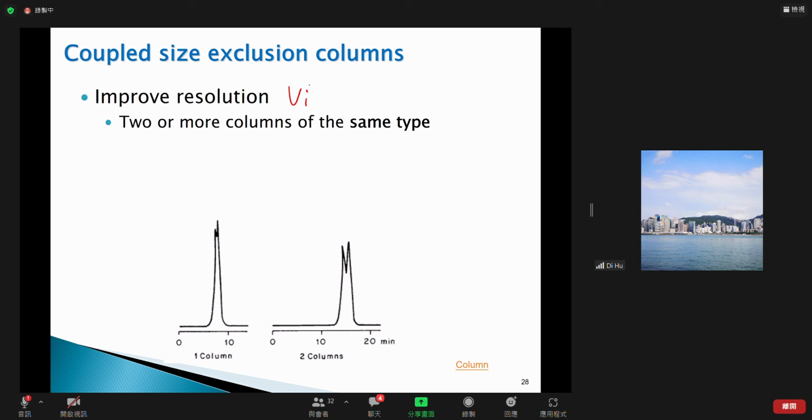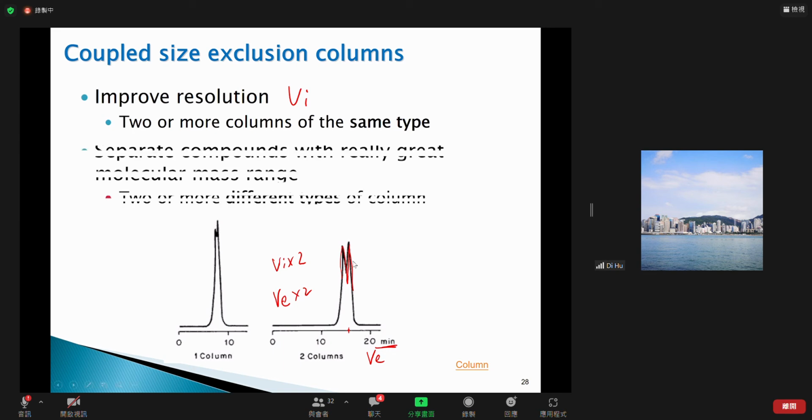You can see here, if you have two columns together, you get the VE doubled, the elution volume, so of course the elution volume could be doubled. So you can see here, now it's less than 10, now you move to here. At the same time, there's more space for the compounds to differentiate from each other, right? So you can see a better what? Resolution, right? You can see a better resolution.